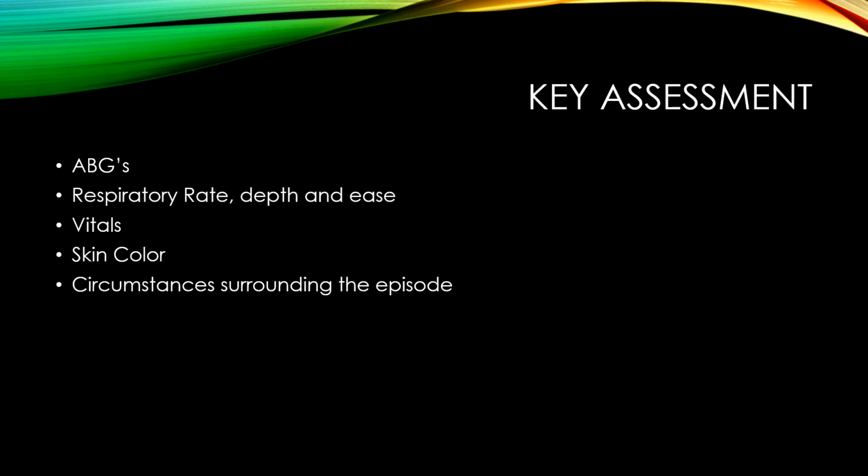They're going to be blowing off that CO2, and they're also going to become hypoxic because low O2 is going to result from those respirations. We need to be checking their vitals. They may have a fever, and if that's the underlying physiological cause, then we need to continue to assess that fever and treat that fever so that we can help bring that down and hopefully reverse that alkalosis.